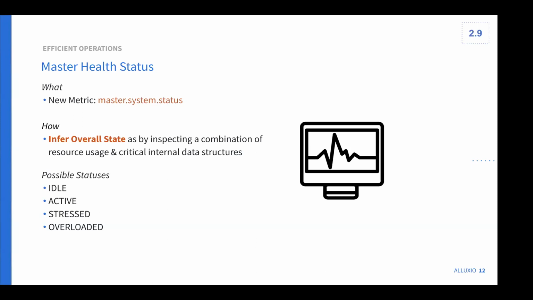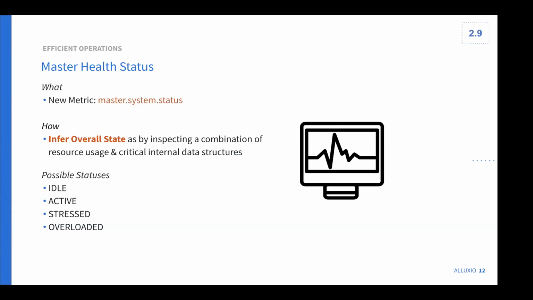So one of the things that we're introducing in this release, like I said, is this new metric called master system status. And what it does is it infers the overall state of the system by inspecting a combination of different resource usage, including CPU and memory, and also some critical internal data structures.